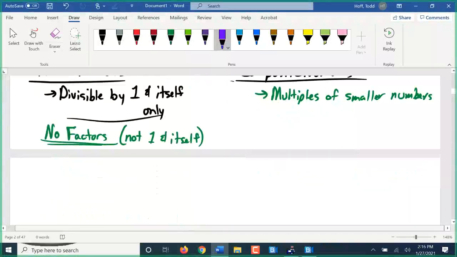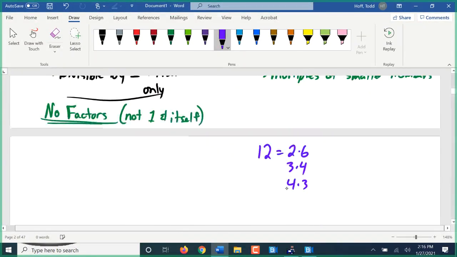For example, 12. Well, 12 can be made up by doing 2 times 6, or 3 times 4, or 4 times 3. Remember, 1 and itself don't count.